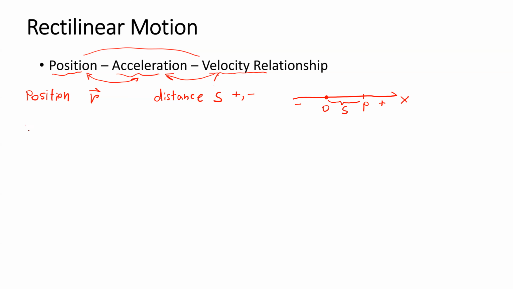And velocity. The SI unit of the velocity is meter per second. From the unit, we can get a hint that the velocity is the time derivative, or the ratio of the length and the time.